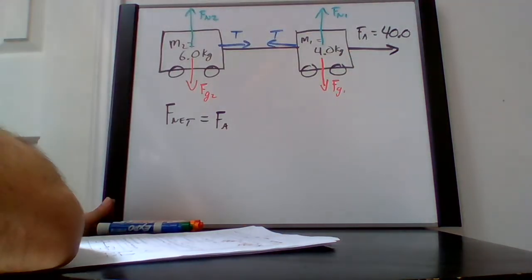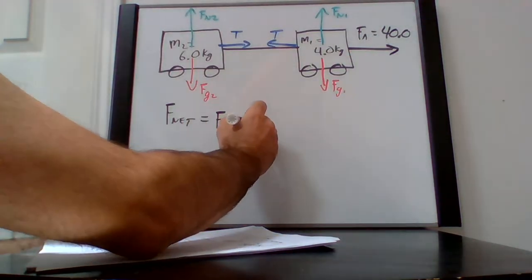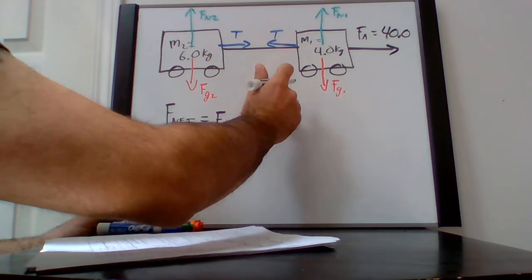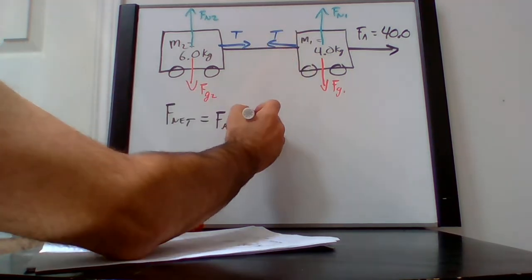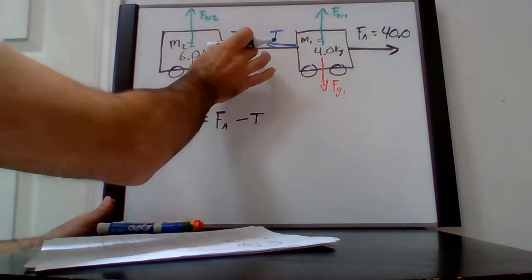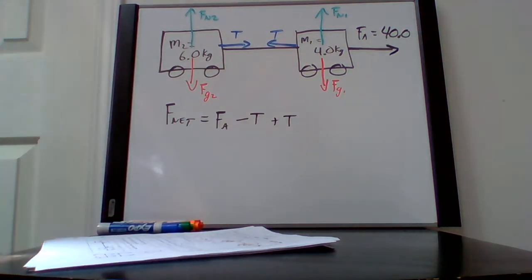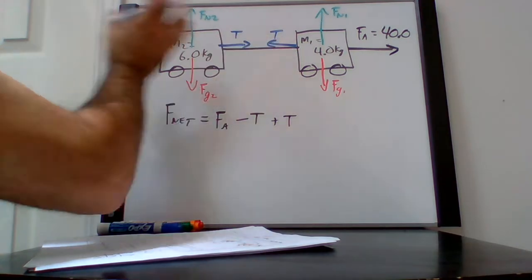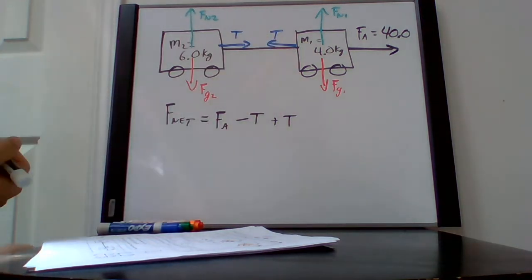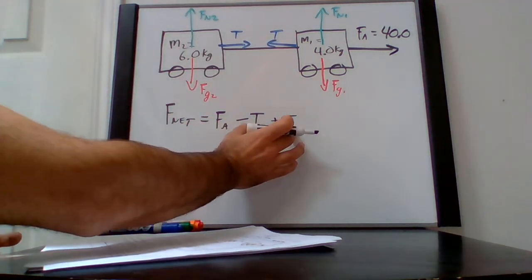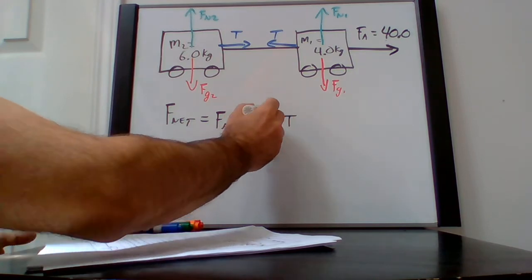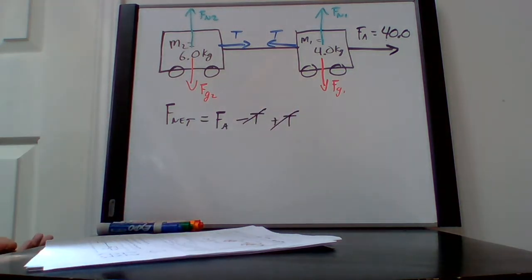We're pulling it in this direction, minus my tension that's on this piece, and then I have my tension in the opposite direction here, so plus tension going the other direction, equal and opposite, right? And so what actually happens is we've got this negative T and this positive T, they just cancel each other out.